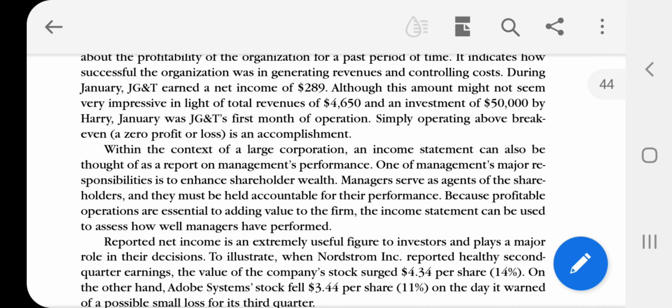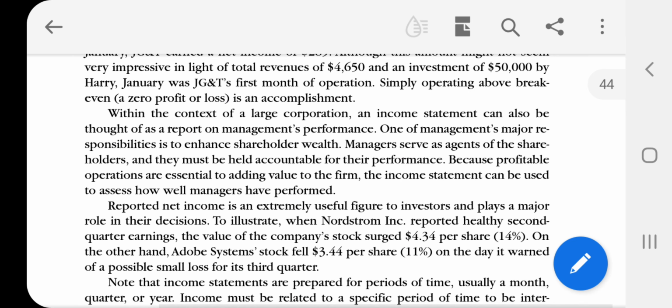Managers serve as agents of the shareholders. They must be held accountable for their performance. Of course, profitable operations are essential to adding value to the firm. The income statement can be used to assess how well managers have performed.